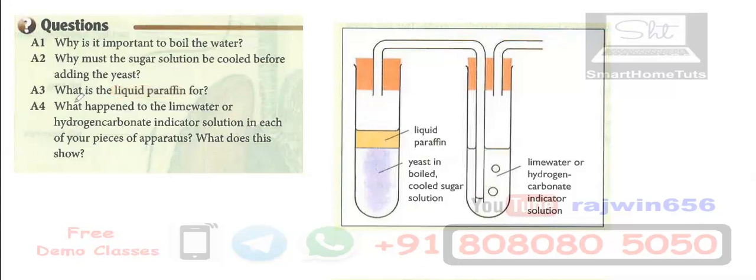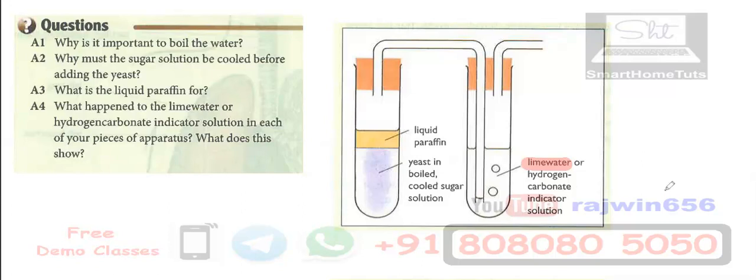Then the next part is: what happened to lime water or hydrogen carbonate indicator solution in each of your pieces of apparatus, and what does this show? Obviously, we have discussed this just now. Lime water is going to turn cloudy.